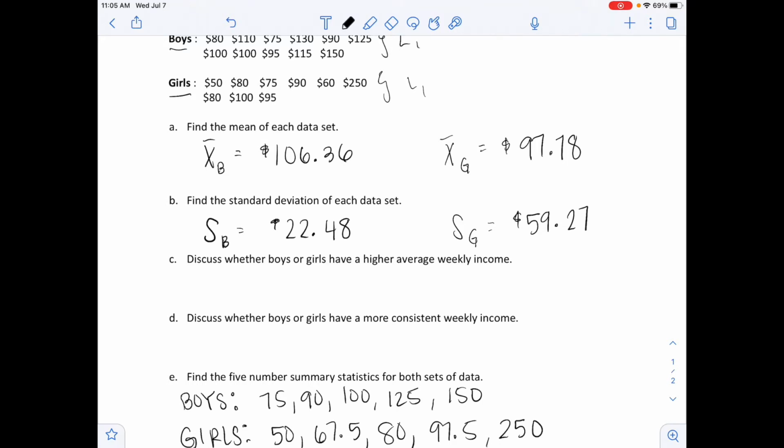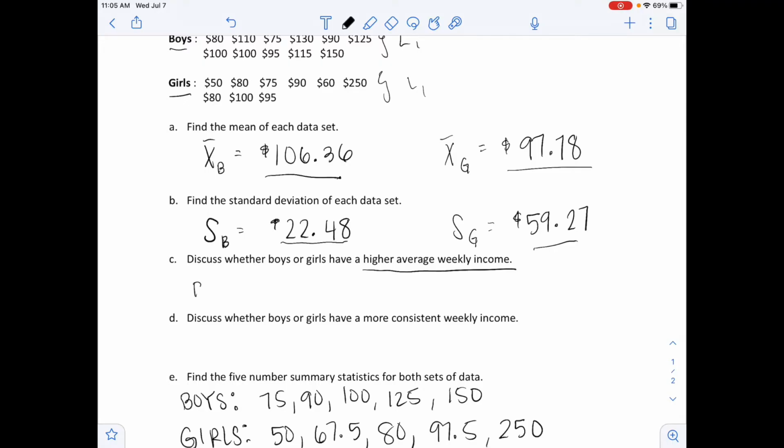Part C says discuss whether boys or girls have a higher average weekly income. And so if you look at the boys' mean and the girls' mean, then you'll be able to see that the boys' mean is 106.36 and the girls' mean is 97.78.